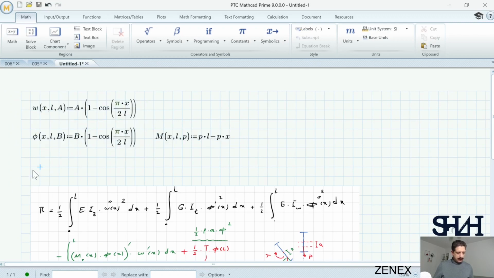And as far as we make the integral between 0 to L, so x vanishes at the end, it will be a function of E and G and Iz, It torsion, Iw warping, and what else?